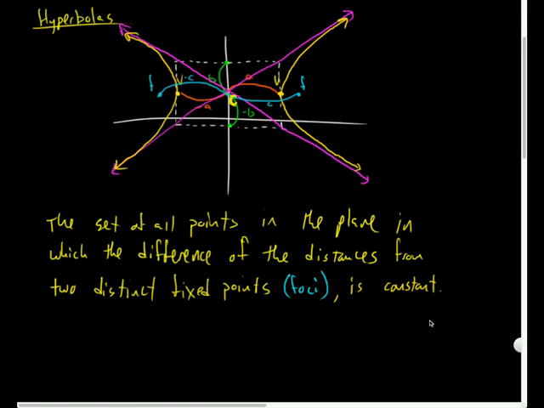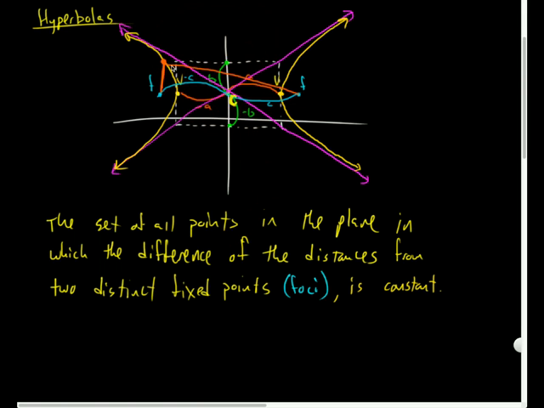So what that means, let's do orange. Here's a point on my graph, and here's the distance to this focus, and here's the distance to this focus.